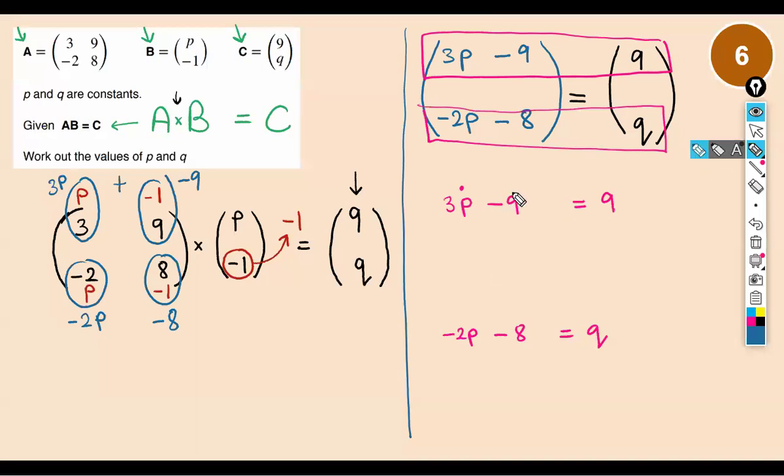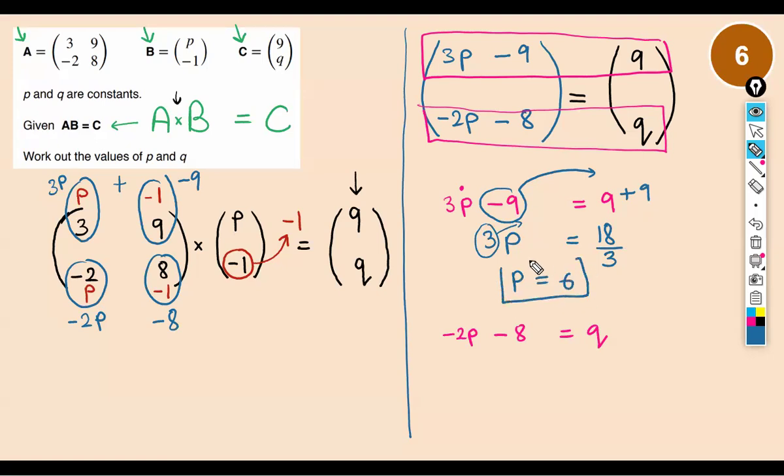We want to solve for p, so we throw across minus 9 to get positive 9. So 3p is equal to 9 plus 9, which is 18. The 3 is a secret multiply, throw it across, you get a divide. So p is 6. Now we just have to solve for q.